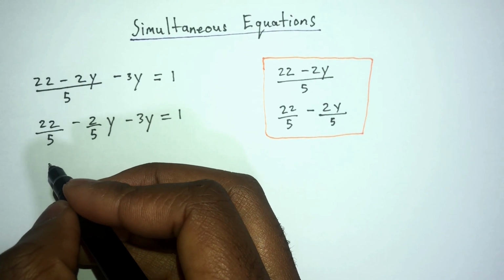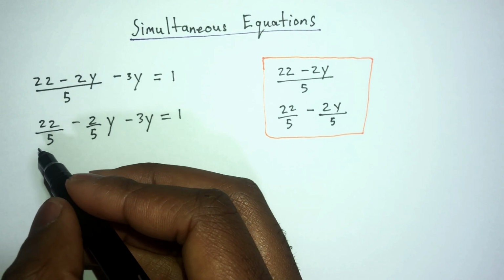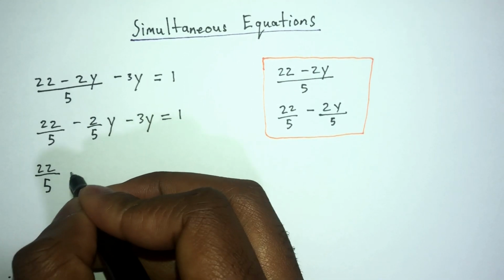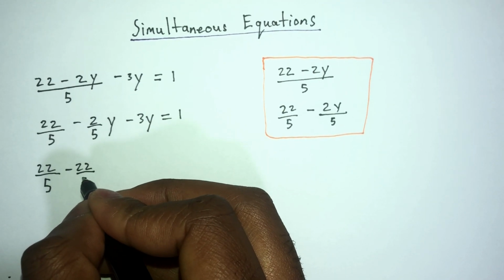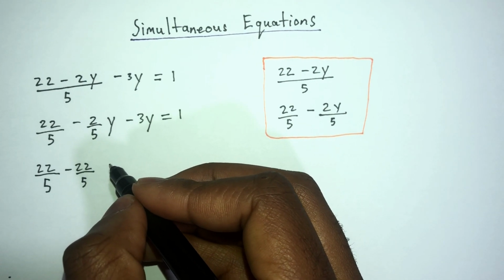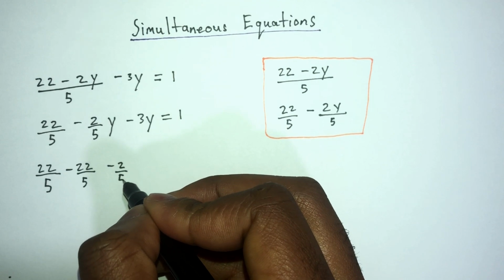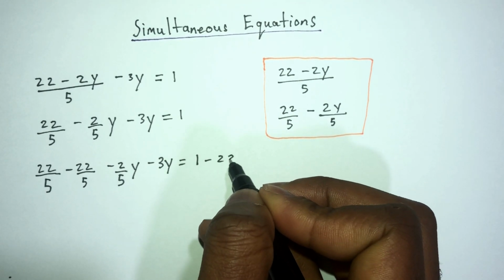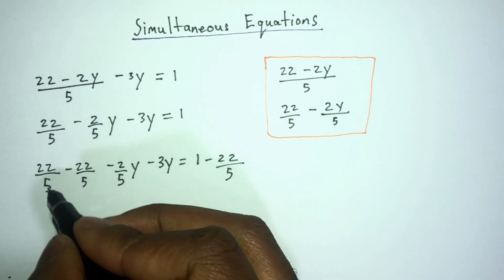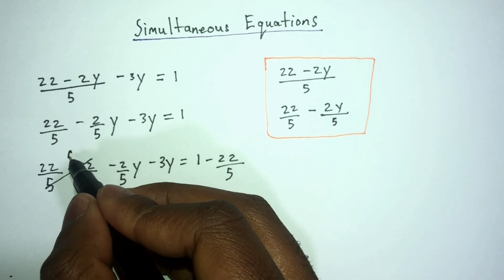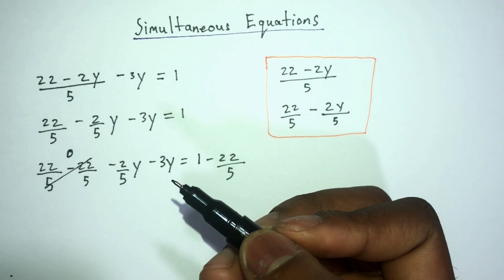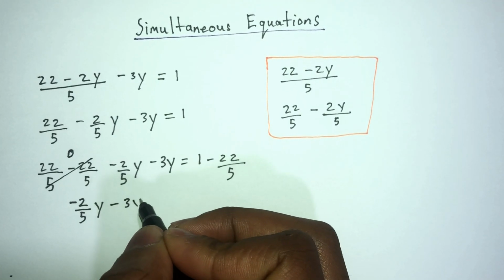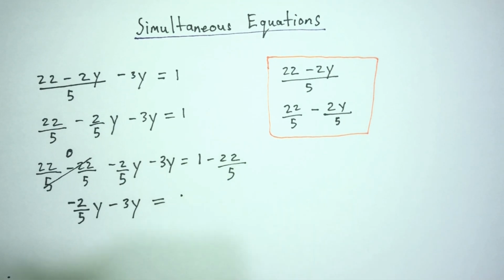So because it's a positive 22 over 5, we'll have to subtract 22 over 5 from this side. 22 over 5 minus 22 over 5 gives us 0, leaving us with negative 2/5 y minus 3y equals 1 minus 22 over 5.